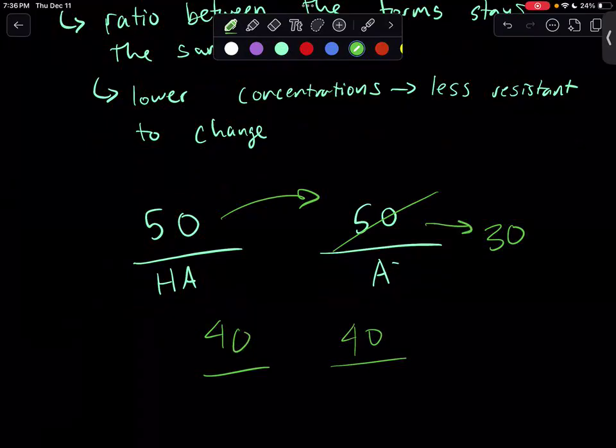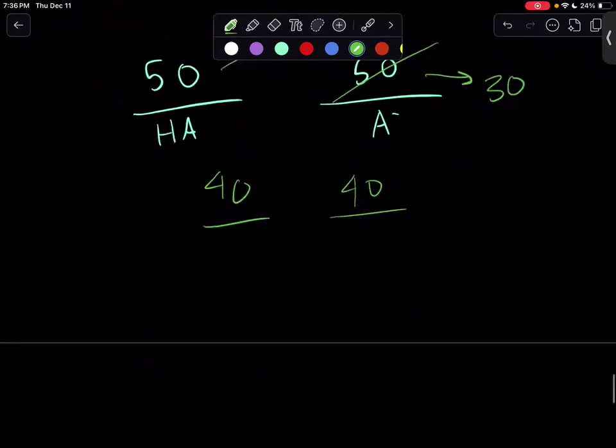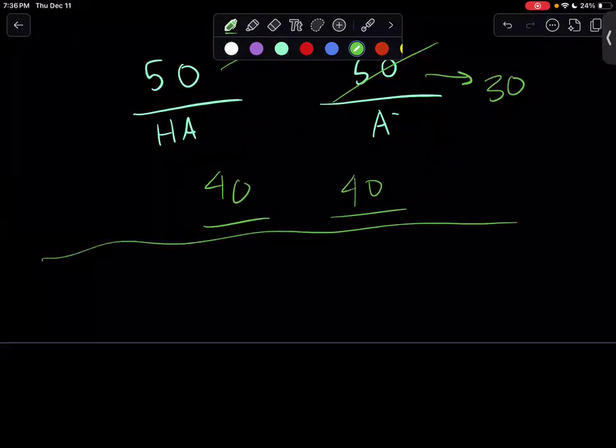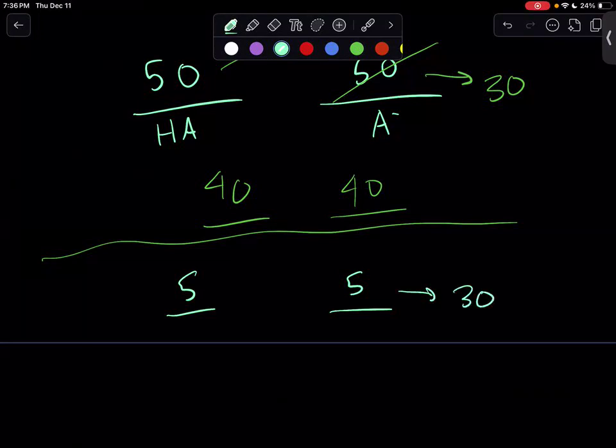So if you remove 30 of that, you can be pretty resistant to that change. However, if you have a second buffer that only has 5 particles of each, or 5 molecules of each, you can't remove 30. You can't add more acid because you just don't have the capability to make that adjustment. You will fully deplete your conjugate acid or base.